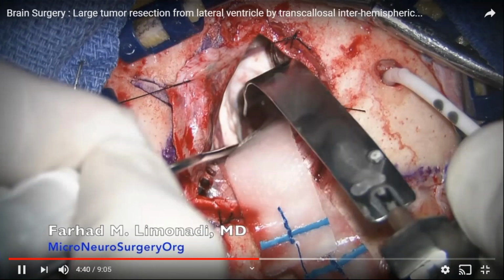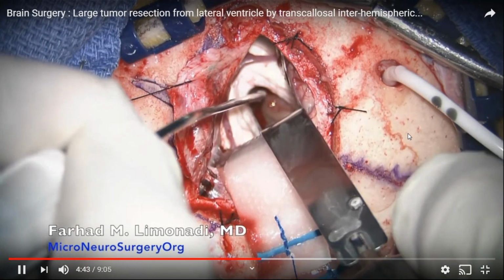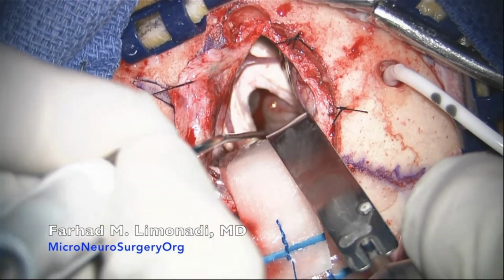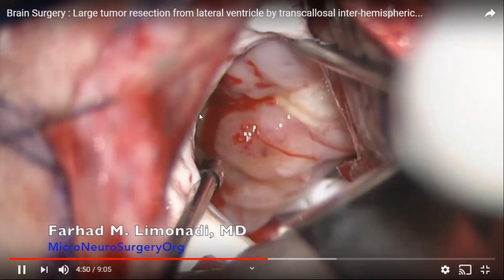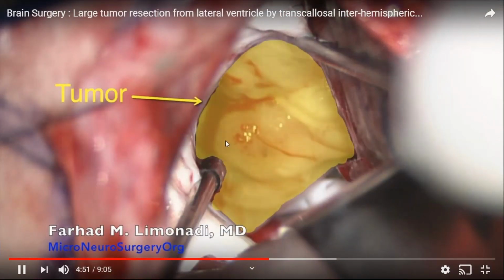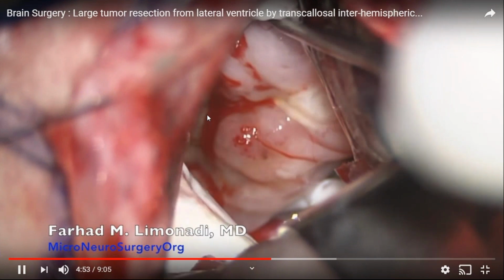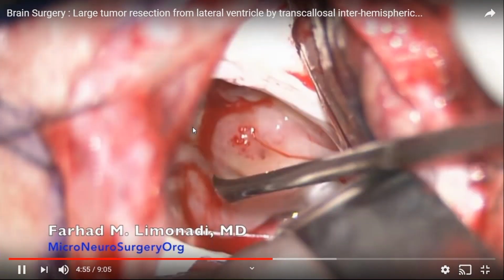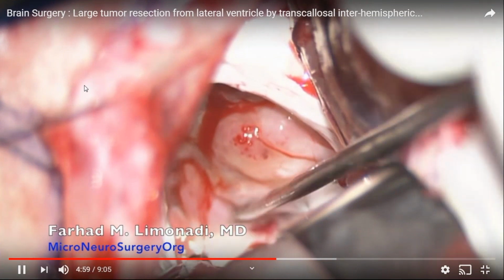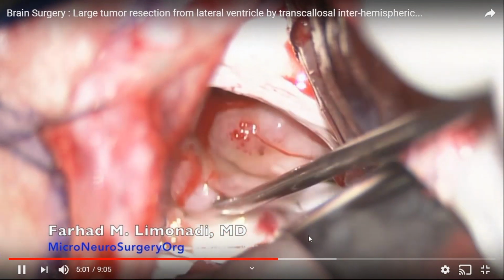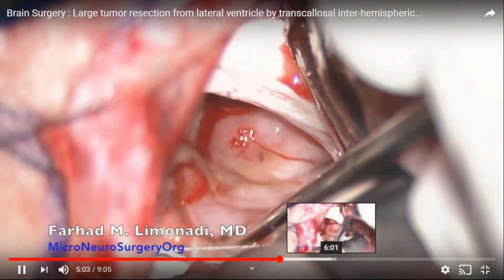As in the MRI scan, somewhere here is the septum pellucidum, which separates this lateral ventricle cavity from the left lateral ventricle cavity. Let's move ahead.